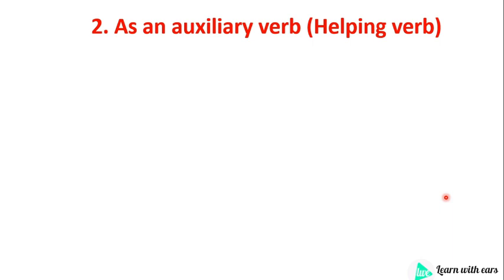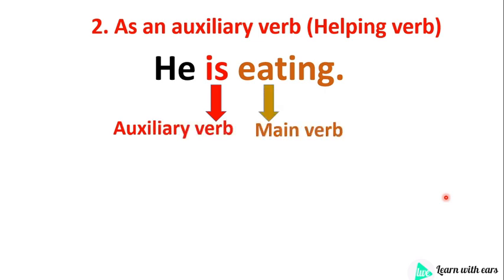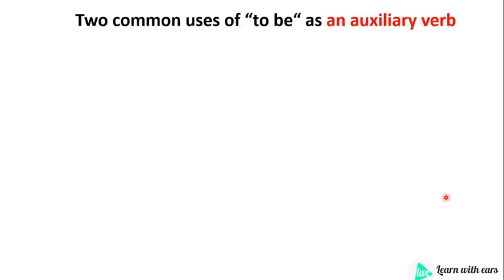Now let's see to be as an auxiliary verb, meaning helping verb. For example, he is eating. Is is an auxiliary verb. Eating is a main verb, and when they come together, they make present continuous tense. Now let's see two common uses of verb to be as an auxiliary verb.